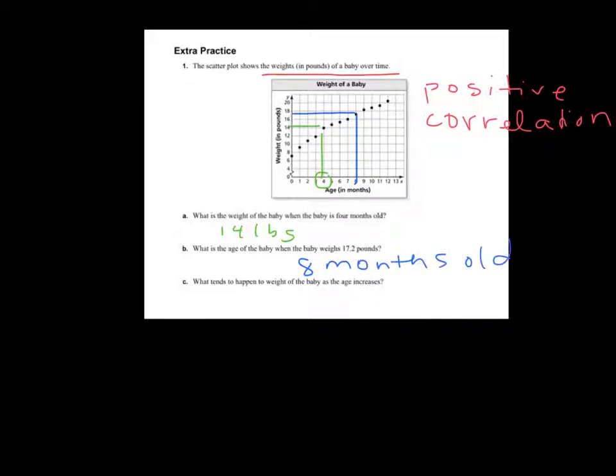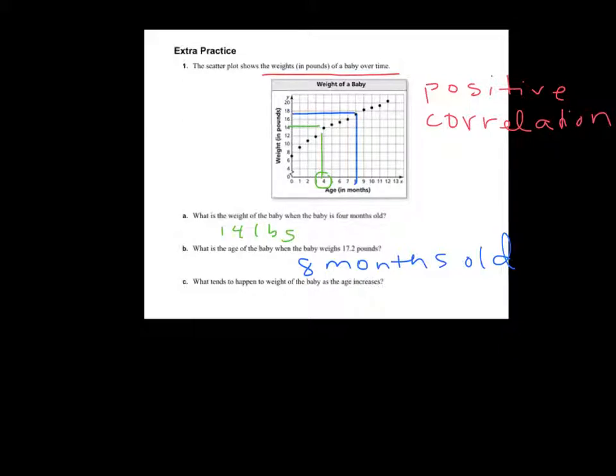Okay? For this particular data, because it is so linear, it is almost in a straight line, we actually didn't have to draw a trend line. But if we were to draw a line of best fit, remember, we want to have an equal number of points above and below our line, and then we use that line to make predictions and answer questions like the ones they've given us.